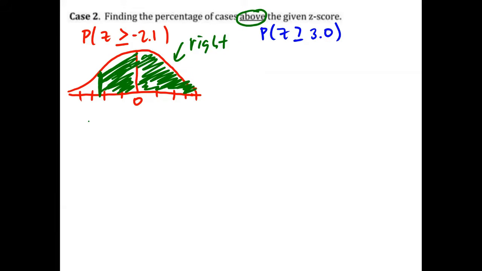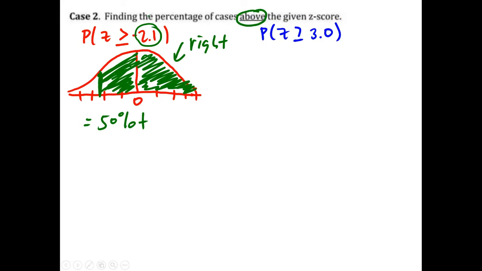So kapag na-shade natin yung buong right side, magpa-plus tayo ng 50%. Okay? So 50% plus 2.01. Ang ibig sabihin ng negative 2.01, yung kanyang sign, it tells us kung nasang part siya ng normal curve natin.